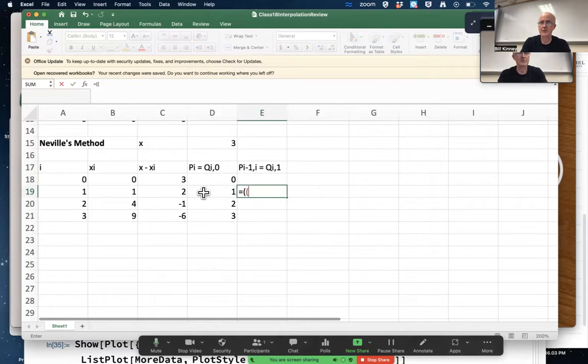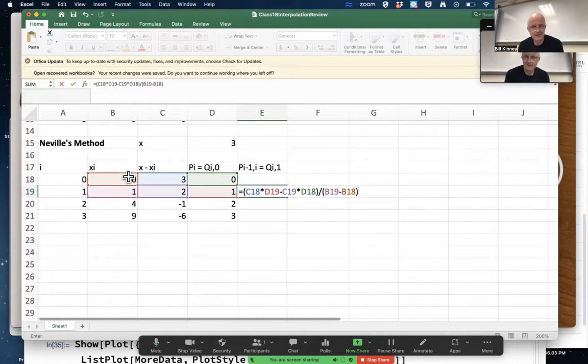I'm already doing subtraction there, so I don't have to actually do a subtraction on the formula. Times this, but now you do a subtraction because you're going to subtract something else, another product. Times minus this times that, all divided by x1 minus x0.